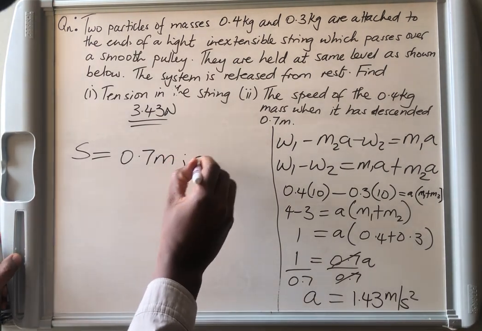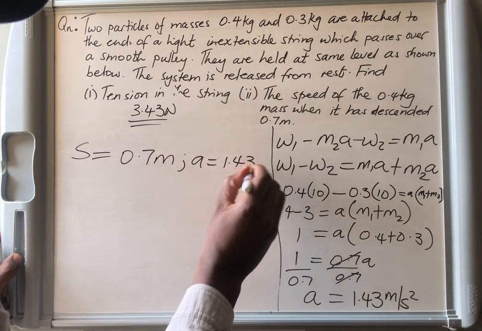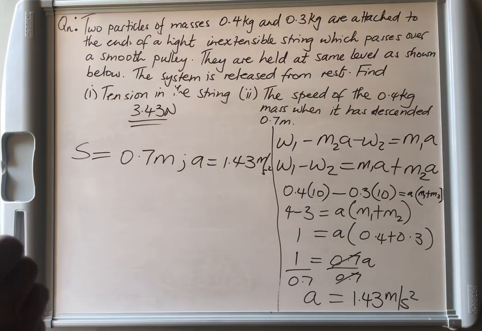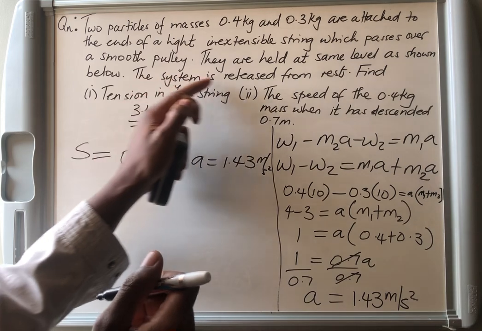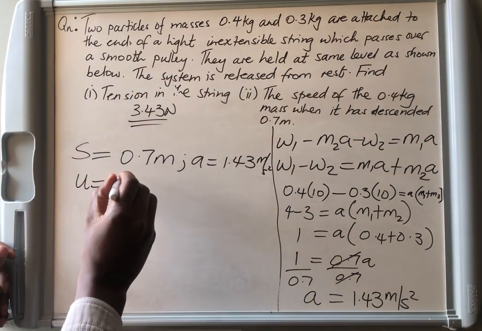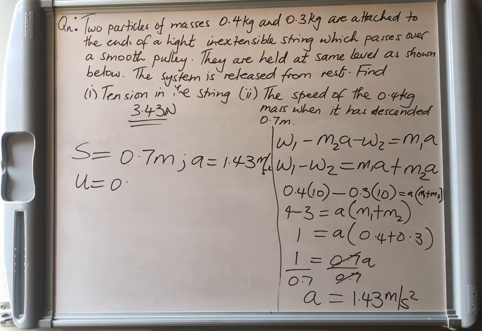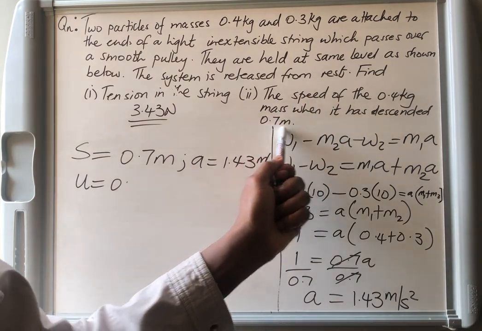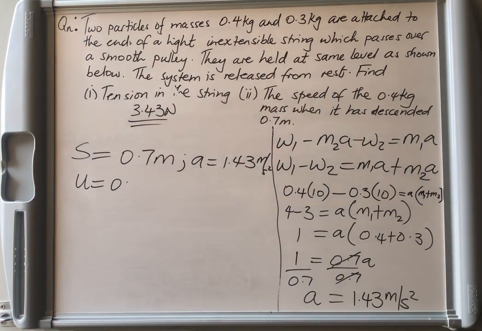You are given A, it's 1.43 meters per second squared. What else do you have? You are also told that the system is released from rest, so that means U is 0. U, the initial speed, is 0. And they are asking you to calculate the speed when it has descended up to this much.